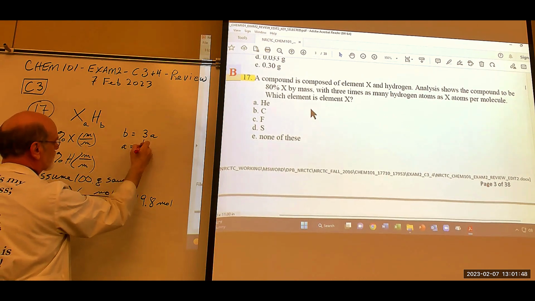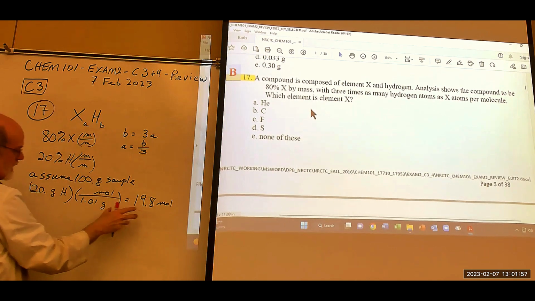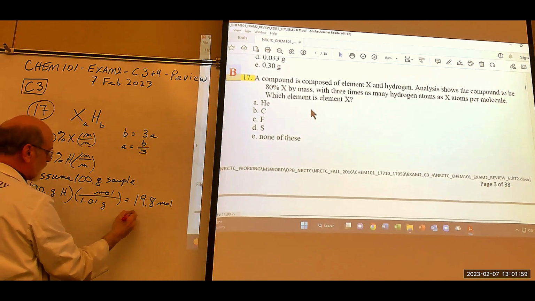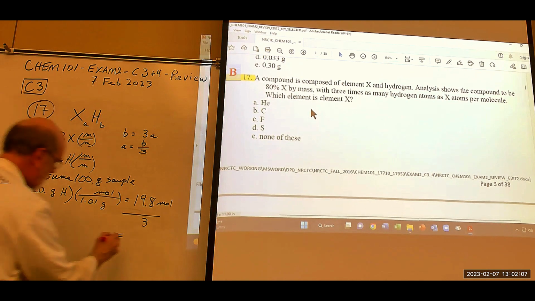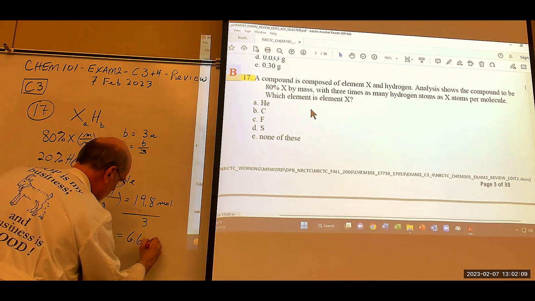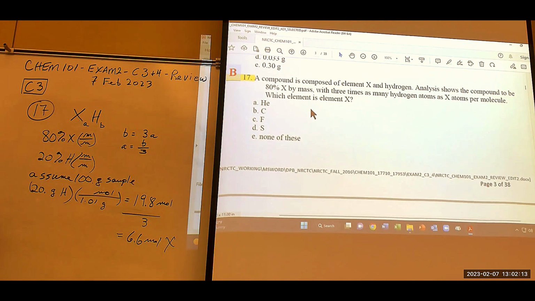A would be equal to B divided by 3, wouldn't it? So if that's 19.8 moles, divide by 3, and that's the moles of X. 6.6 moles of X. So we got the moles.